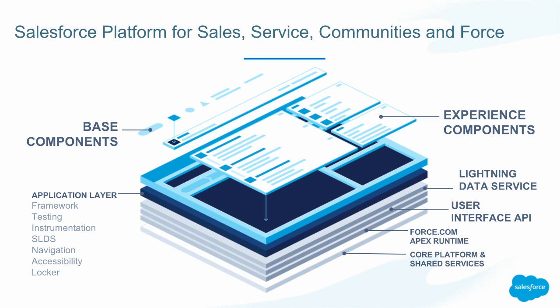We want to focus a little bit here today on low-code development, but we'll also talk to you about advanced development. So it's a nice mix. But just recently, Forrester Research named Salesforce's development platform as one of the leaders when it comes to low-code development. And what makes that possible is this stack.